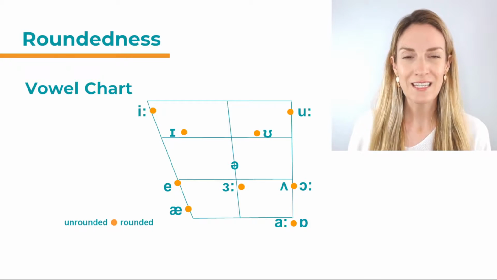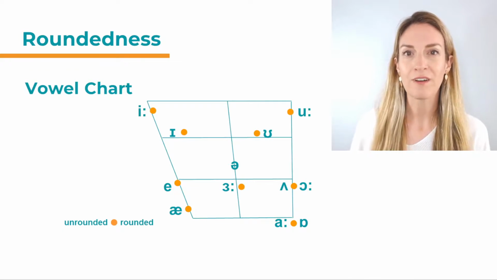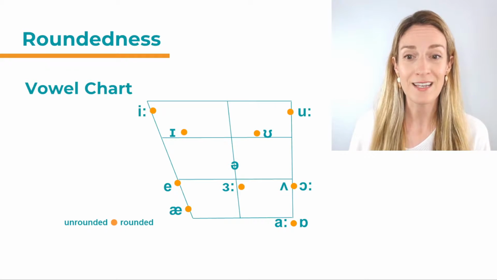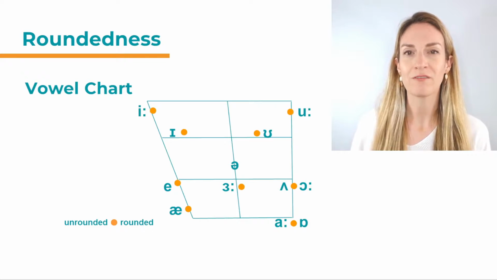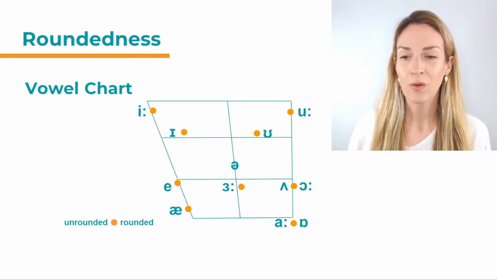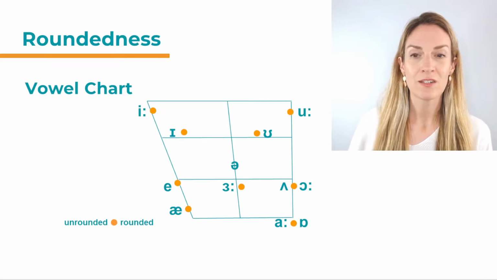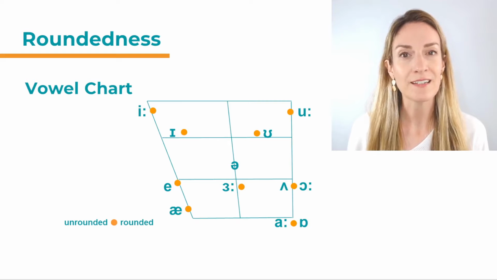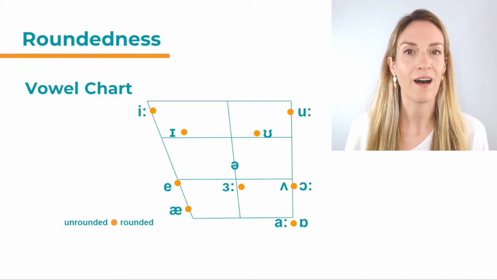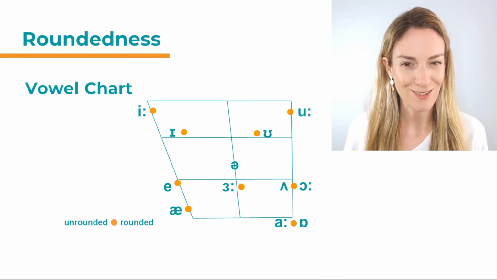So you can see, I told you earlier, all the front vowel sounds are unrounded, and that's very clear when we look at this vowel chart now, because all the front vowel sounds are on the left-hand side. We've got E, I, eh. Those are all front vowel sounds. All of them have the dot to their right, so that means the sound symbol is on the left, and that shows us those are unrounded vowel sounds.